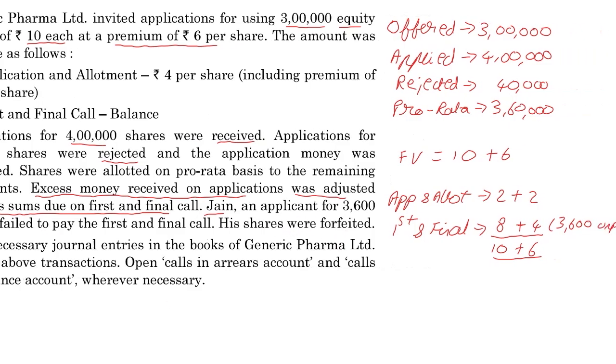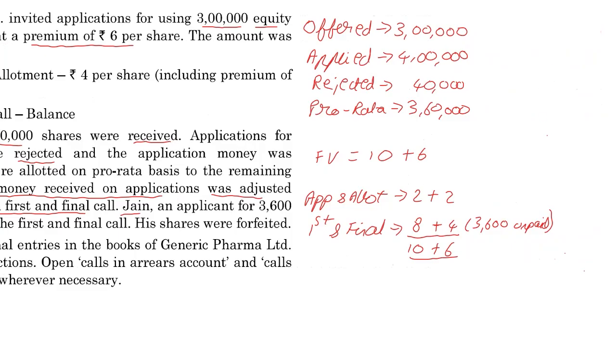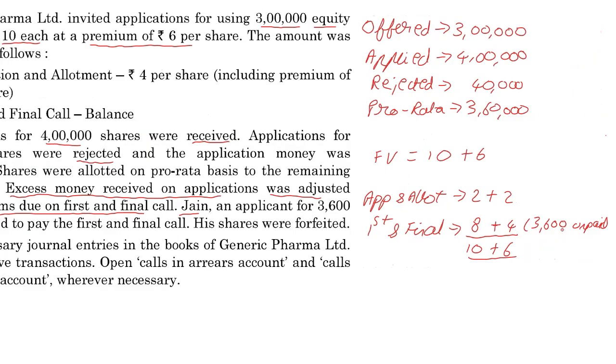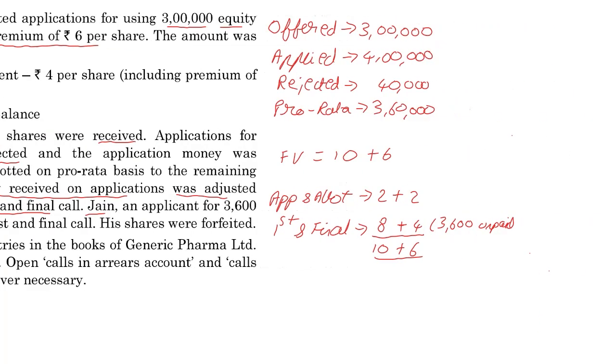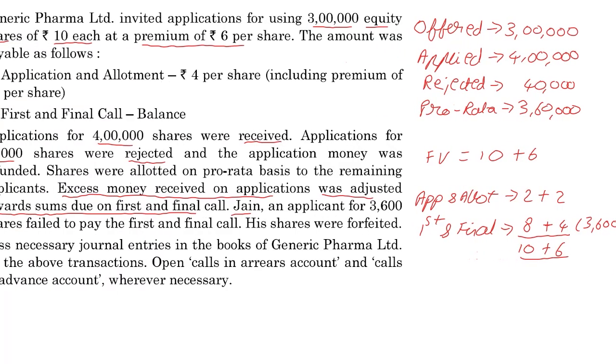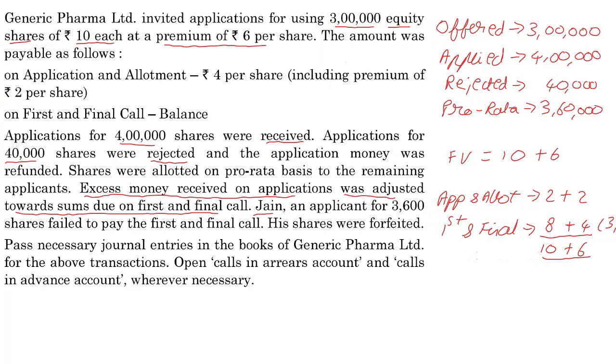Nothing else is mentioned. So instead of just writing unpaid, I will write unpaid, comma, forfeited. Now, that is something that I have to concentrate on at the end. For now, I need to start passing journal entries.